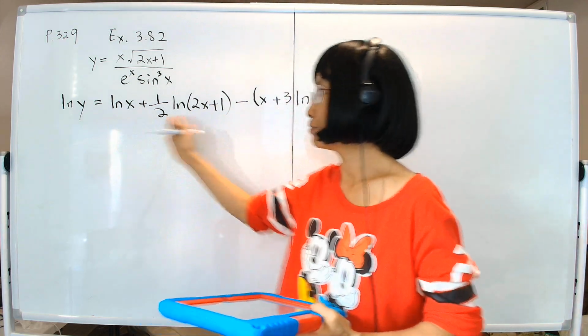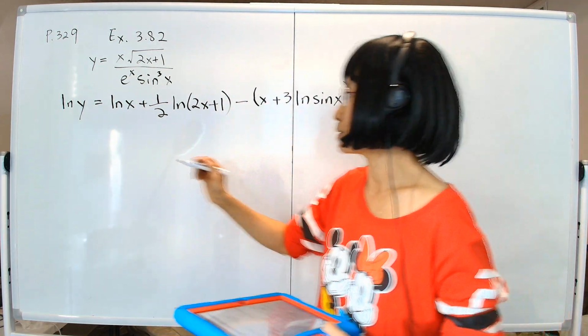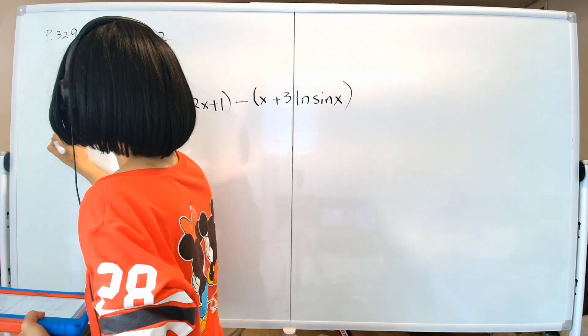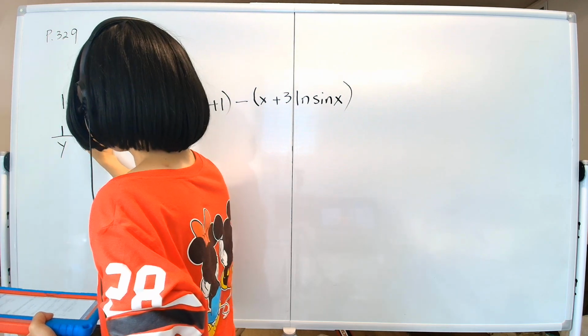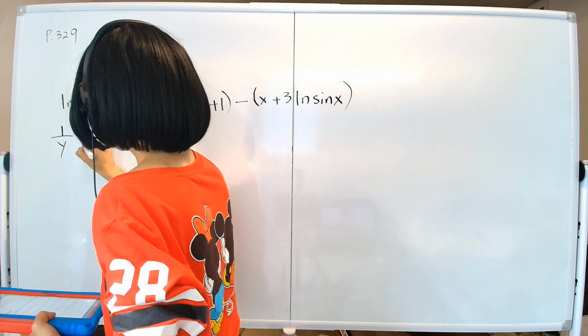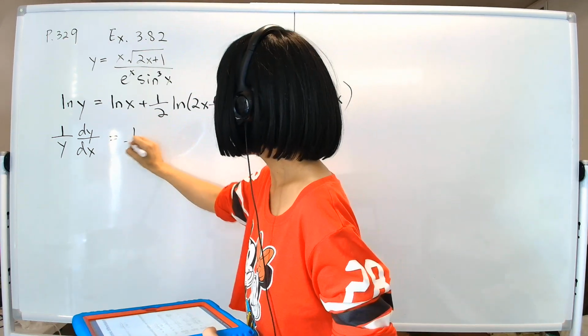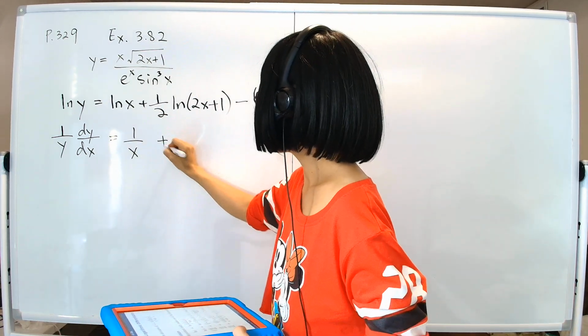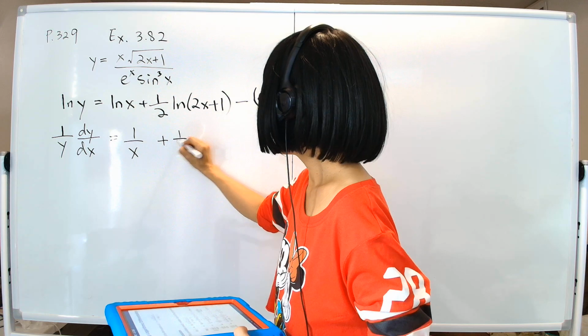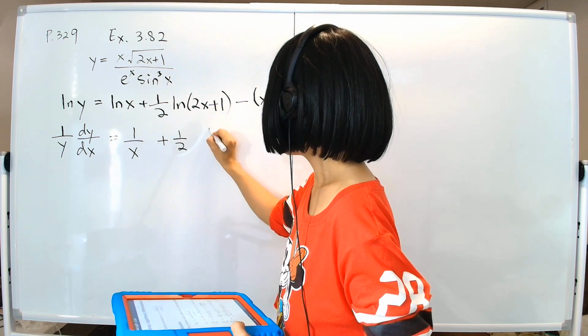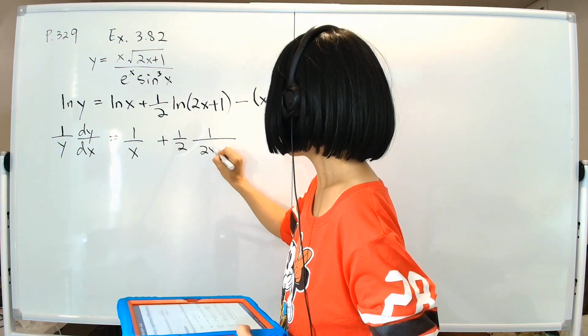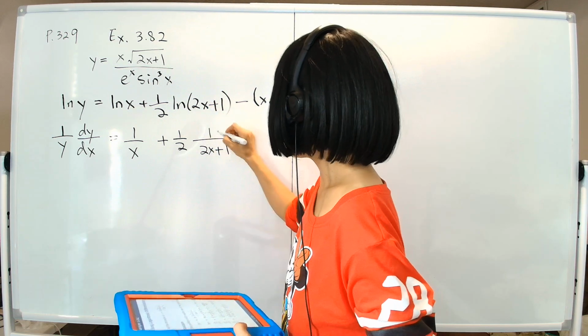Take the derivative of both sides of the equation with respect to x. So that becomes 1 over y by the chain rule, dy by dx, because we're doing the derivative with respect to x. Natural log of x becomes 1 over x plus 1/2 natural log of that stuff is 1 over 2x plus 1, and then multiplied by 2 on top.